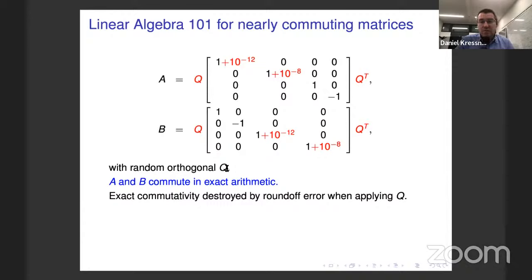I choose a random orthogonal matrix Q. So if I would carry out this transformation in exact arithmetic, A and B would truly commute. So the commutativity is purely destroyed by the roundoff error when you apply Q and you save A, B after the transformation on the computer. So they are nearly commuting up to a level of 10 to the minus 16.